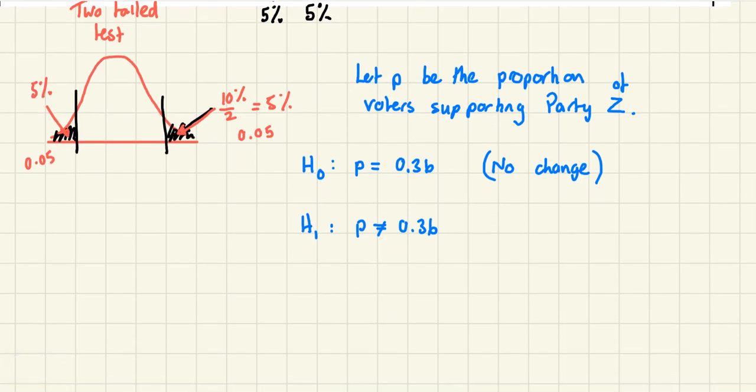And once we've stated that, so we've got P and we've defined what P is and we've said what the hypotheses are, now we can say let X be what?